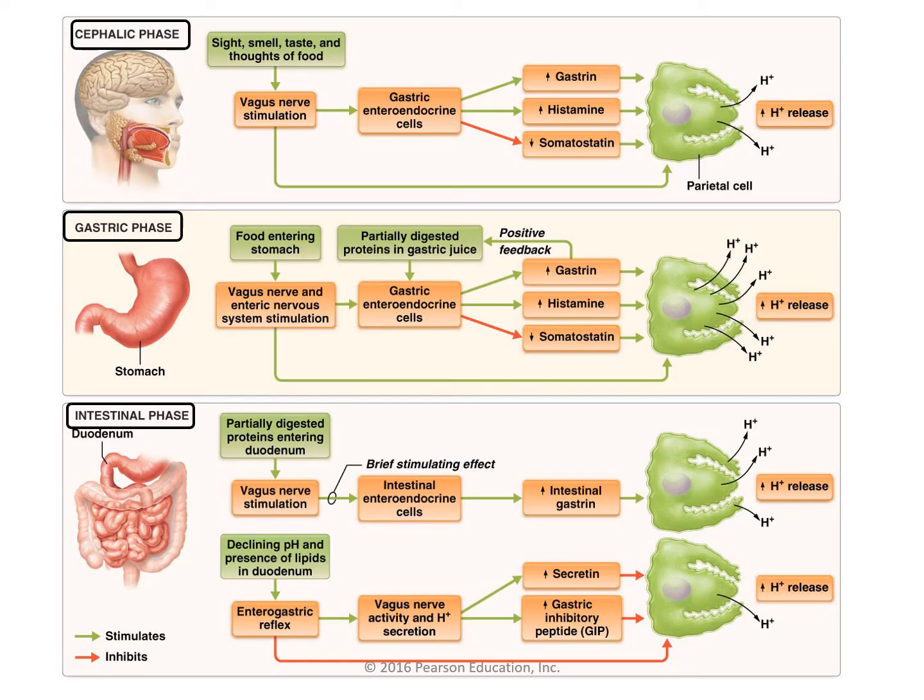This table, which we'll cover in detail, shows the 3 phases of acid secretion: cephalic phase, gastric phase, and intestinal phase. So C, G, I.